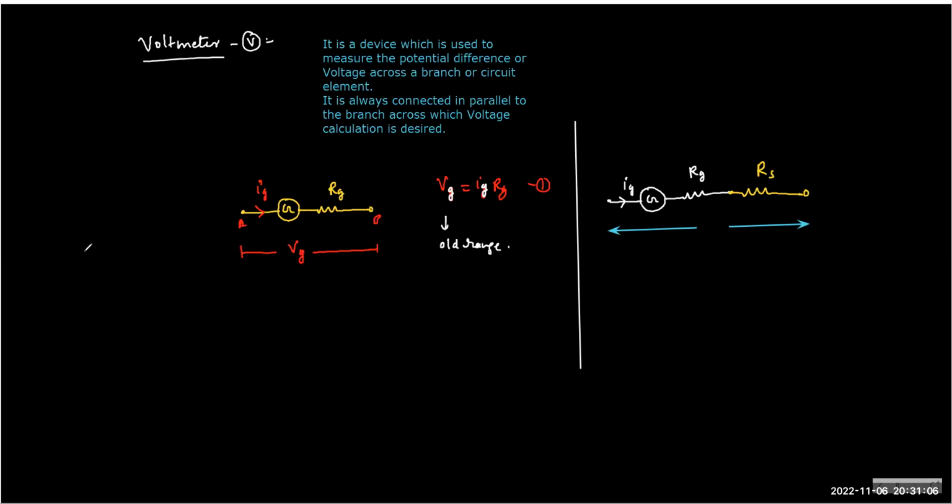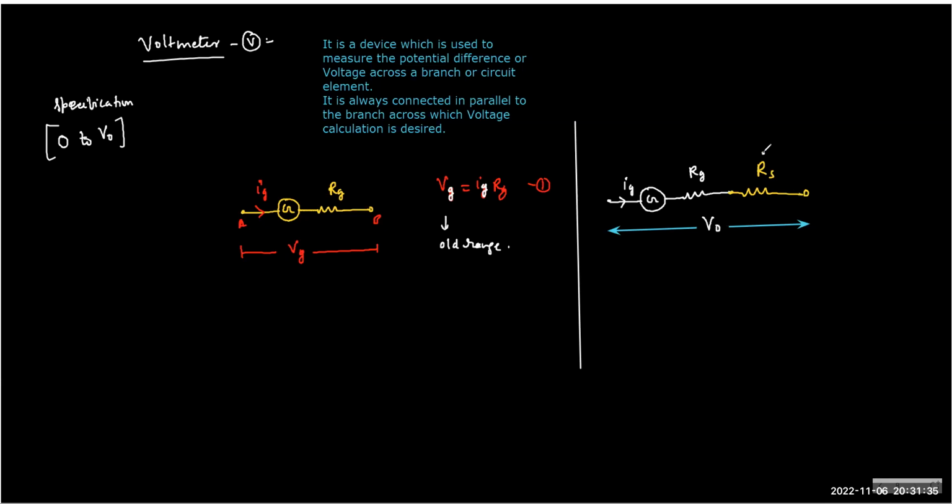So let's say you get a specification: can you design a device called voltmeter which can measure from 0 to V0? This is the specification given to the manufacturer. So the manufacturer will make sure that the new device can reach up to V0.